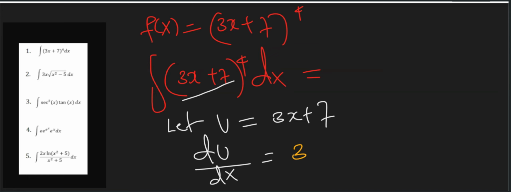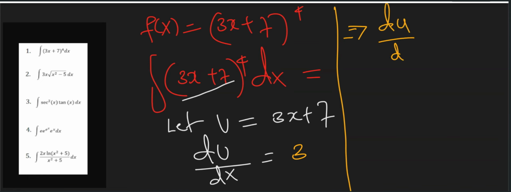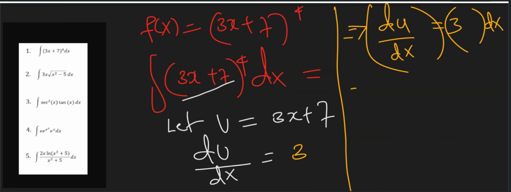So du over dx equals 3, meaning if you multiply both sides by dx, this implies that du equals 3 dx.